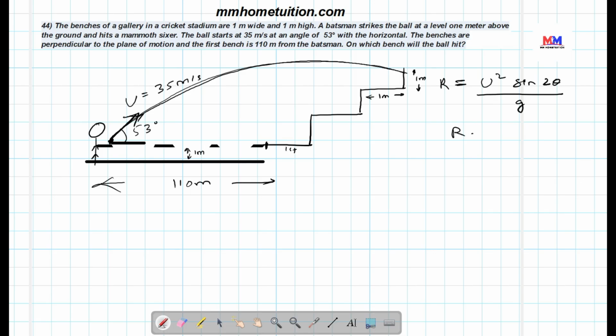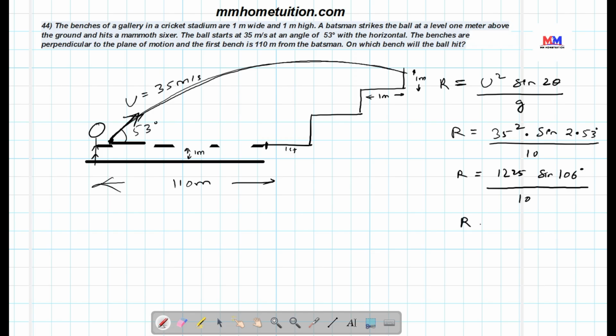So u is 35 square. Sine 2 theta, where theta is 53 degree, divided by 10. So R equals 1225 sine 106 divided by 10, since 53 doubled is 106.